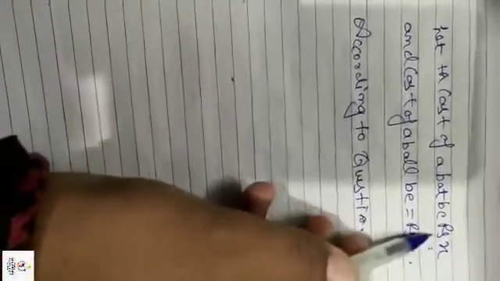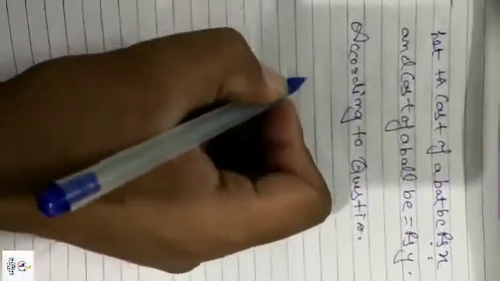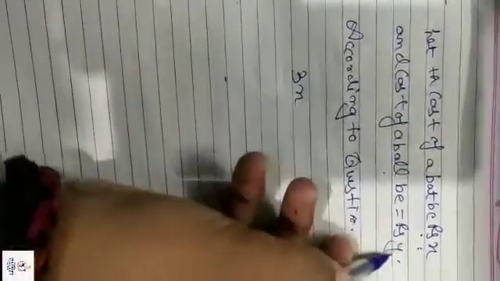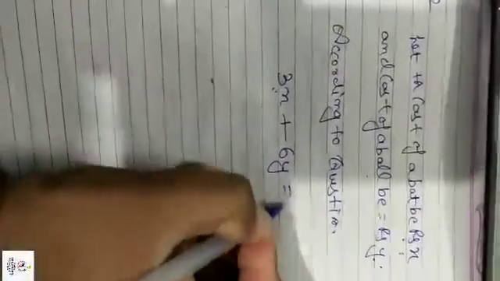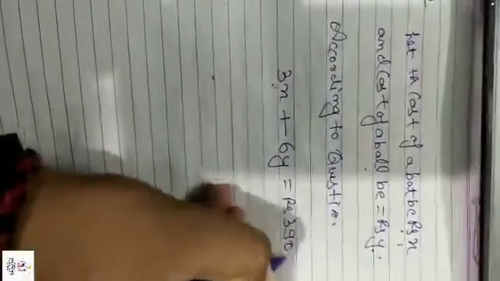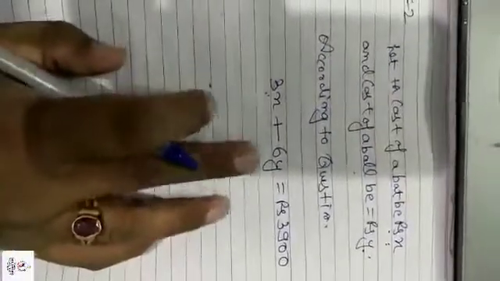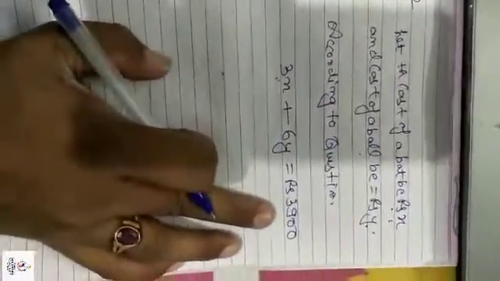So if the cost of one bat is x, the cost of 3 bats will be 3x, and the cost of a ball is y, so the cost of 6 balls will be 6y, and if we add both costs, we get rupees 3,900, because the coach of a cricket team buys 3 bats and 6 balls for rupees 3,900. This is our first equation.